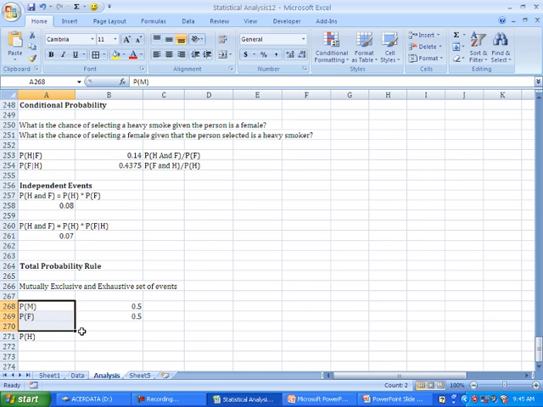So it's like the probability of H given male multiplied by the probability of male. What does this mean? I'll discuss about it. Plus the probability of H given female multiplied by the probability of female. Even using this, you should be able to find out the unconditional probability of a person being a heavy smoker.